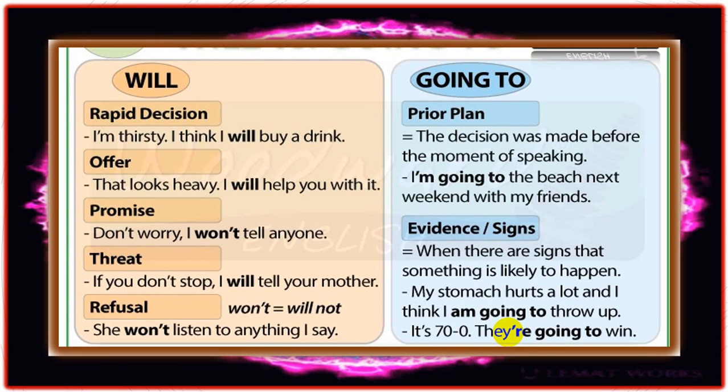We put will plus the verb in the infinitive in rapid decisions, quick decisions. For example, the doorbell is ringing. I'll open it. I made my decision as soon as I heard the door.